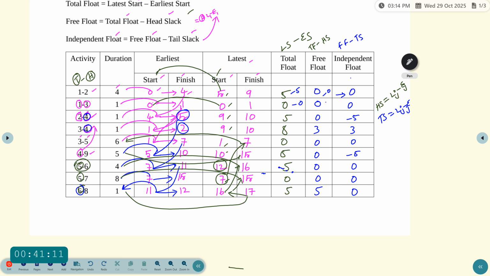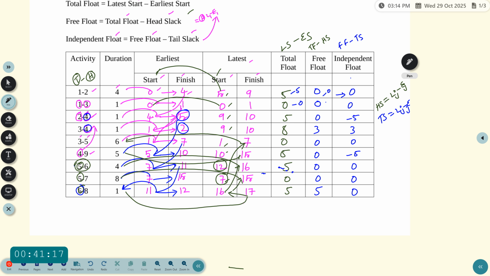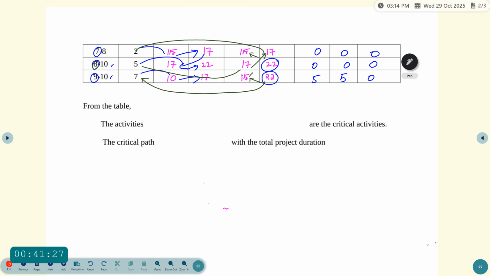Which one is 0? Check the total float, which values are 0. These activities are the critical path.